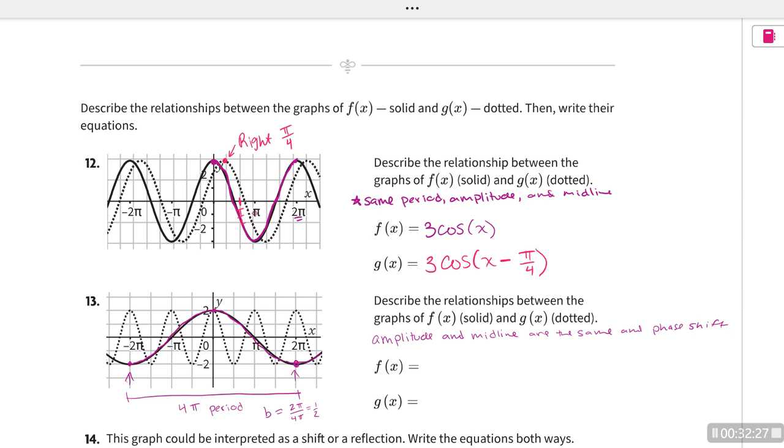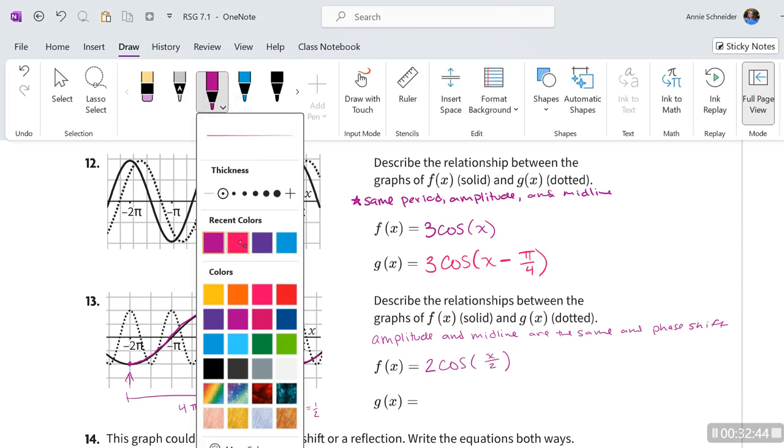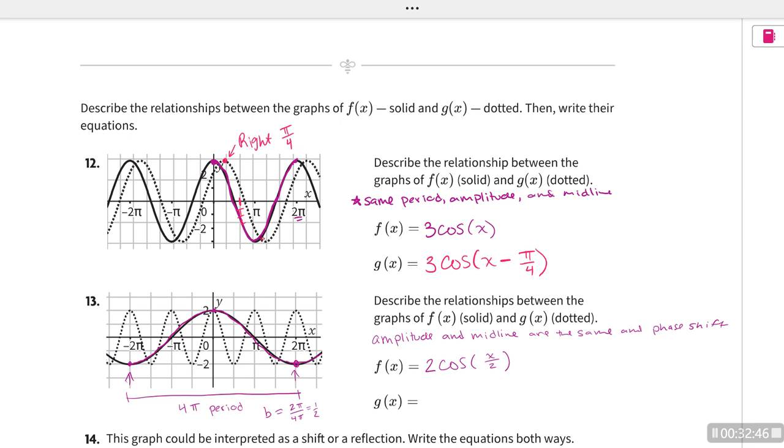And it looks like our amplitude is 2 there, right? We're up 2 and down 2. So 2 cosine of x over 2, or 1/2 x. And our midline is at 0, so I don't need to add anything to the end of that. Now, this dotted graph is much faster, right? We've hit a full period after only pi.